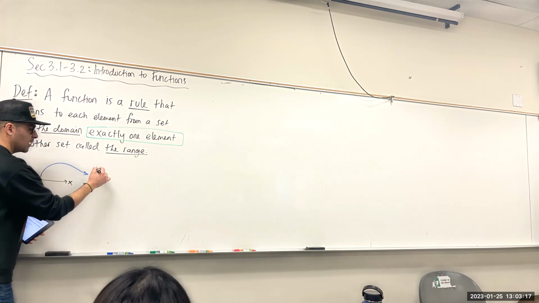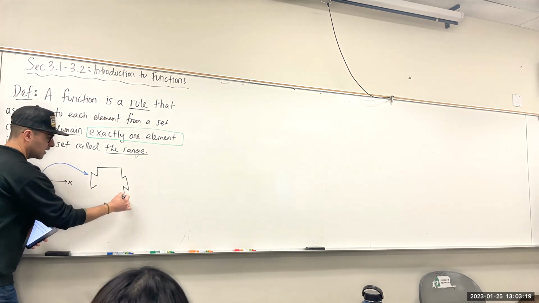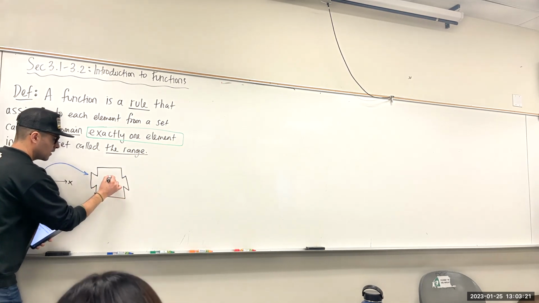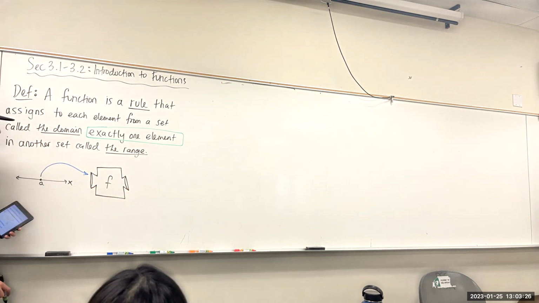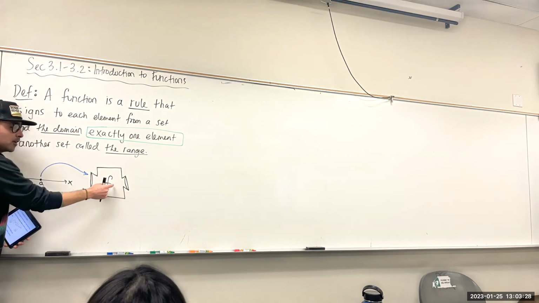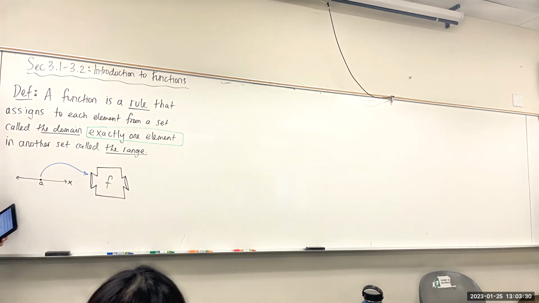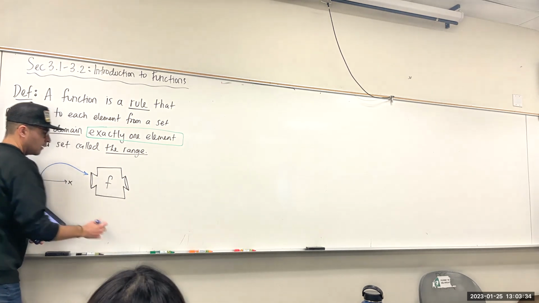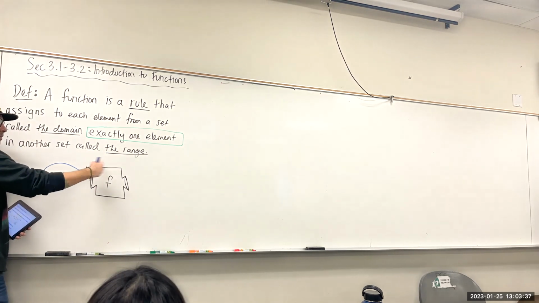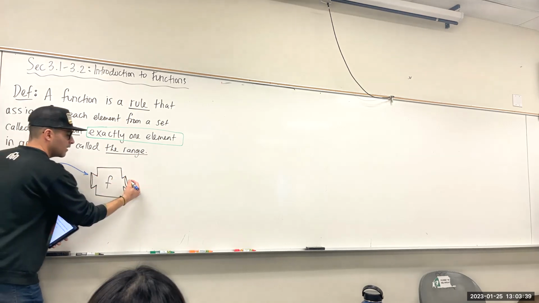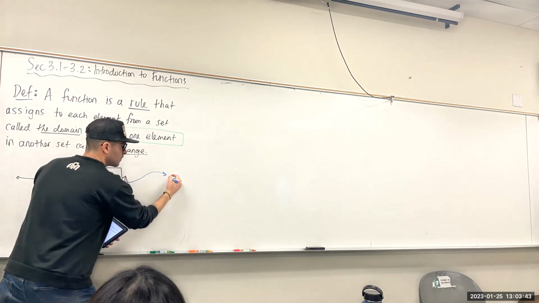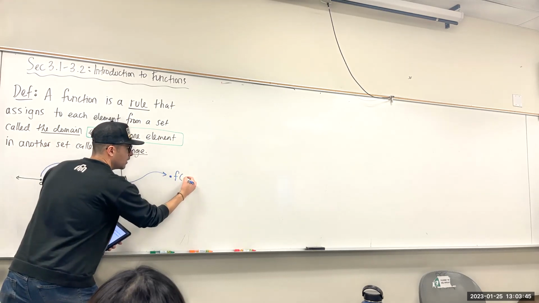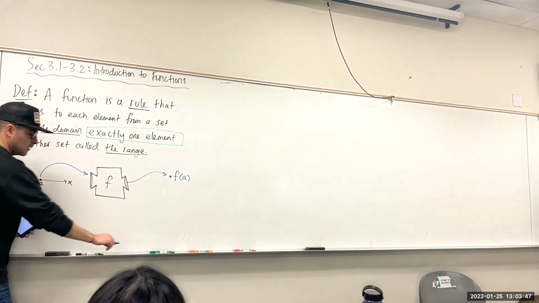The textbook shows it like a little computer, a little machine that inputs things and outputs. So the rule is the function. That's what we're going to label F. It tells you what to do to your input. And so that was my head doing something to the number you gave me, and then I spit out a number here. That's called the output, F of A.